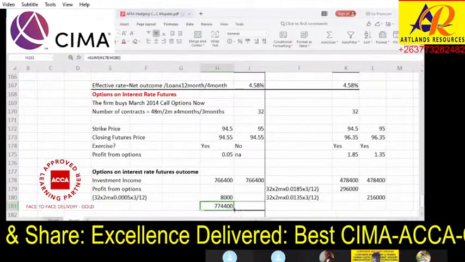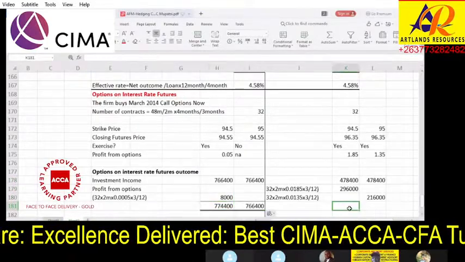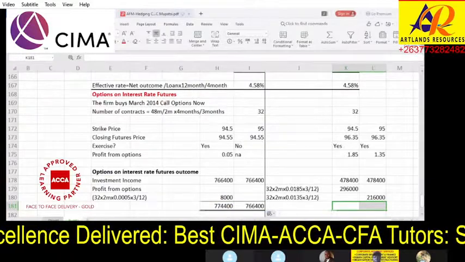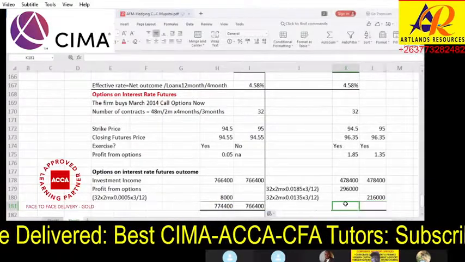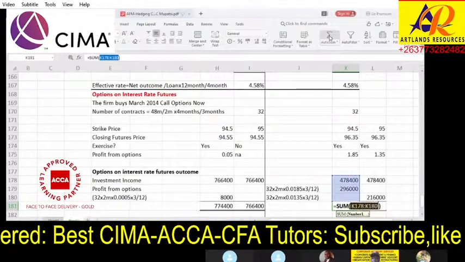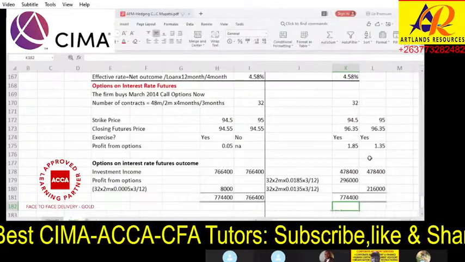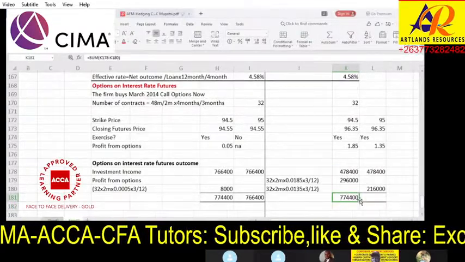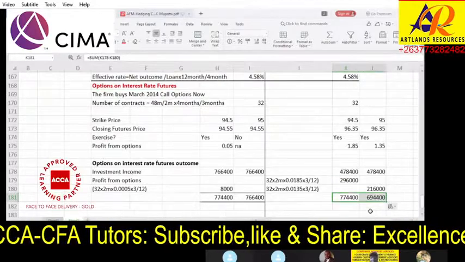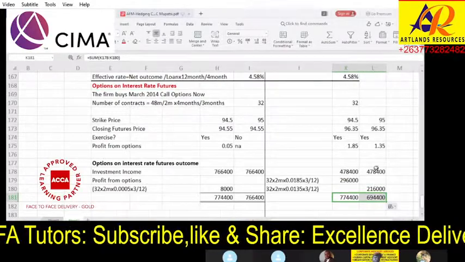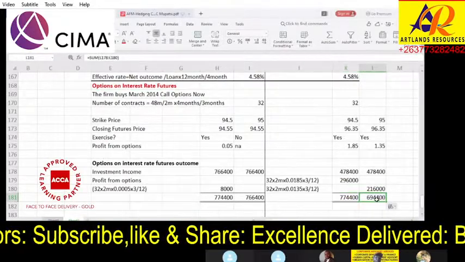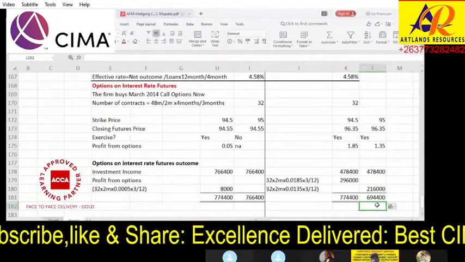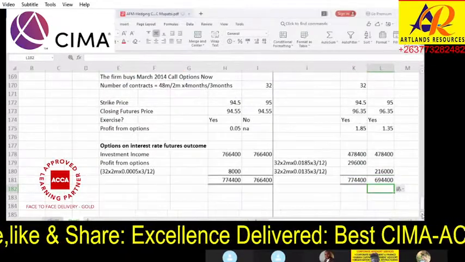You drag it. That's your net outcome. Why are the figures the same? But you notice on this one it's different because of the premiums.